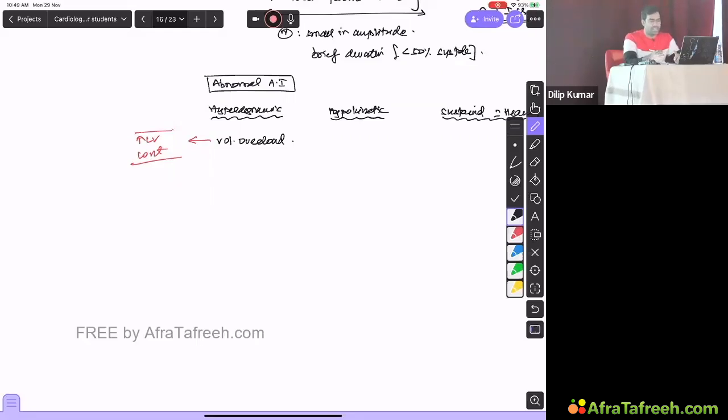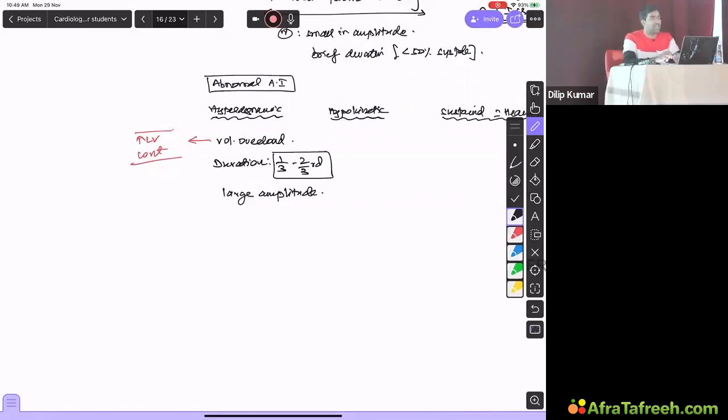Here the duration will be variable, technically 1/3 to 2/3 of the systole. It will not be more than that. The duration can be normal, like a normal apical impulse, but the amplitude will be large because of the vigorous ventricular contraction.